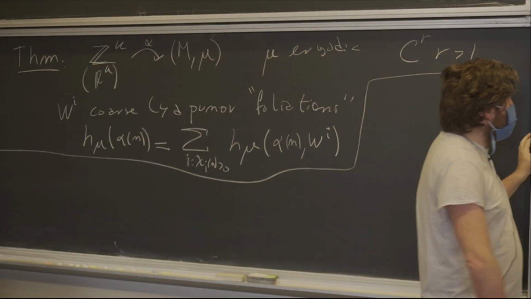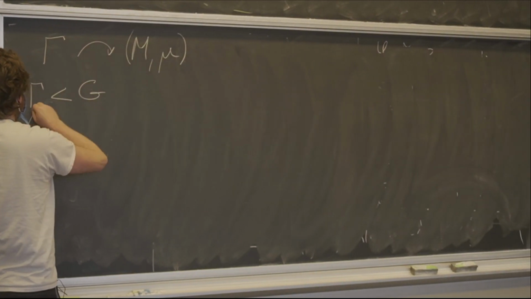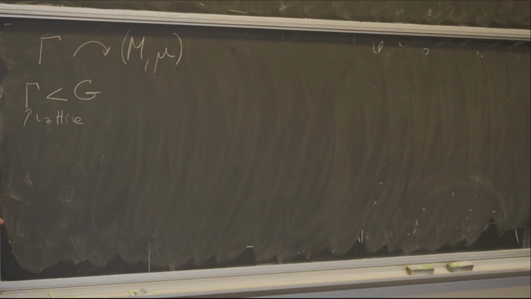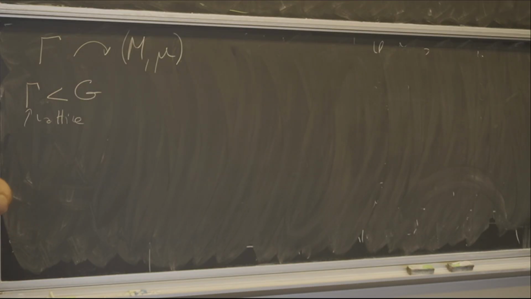This is important because now I am assuming Gamma is a lattice, which means that the quotient G mod Gamma may not be compact. Of course, you can just think of co-compact lattices and then there is not a problem, and the space will be compact. But if it is not co-compact, still the theorems are true, just because of this. Now M is compact. Again, one can relax these assumptions, but let's not do it.